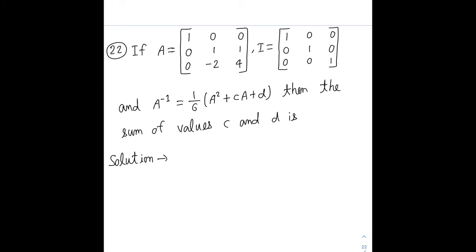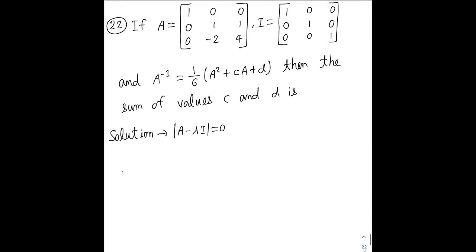Now the characteristic equation is given by determinant of A minus lambda I equal to 0. So we need to find A minus lambda I first of all. This is A, and lambda I would be nothing but the principal diagonal elements becoming lambdas. Now when you subtract from A, are you getting it?